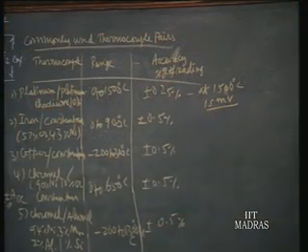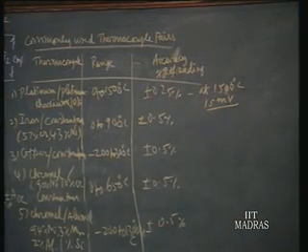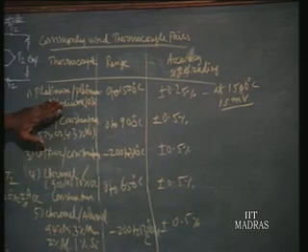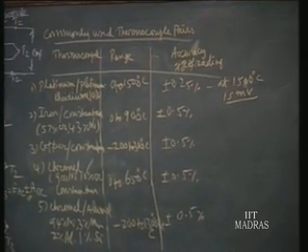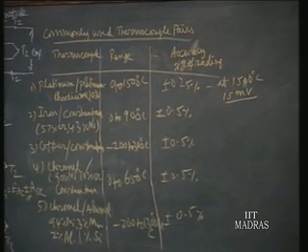From 0 to 1500, 0 degree is the cold junction temperature, 1500 degree is the hot junction temperature, and it develops around 15 millivolts.